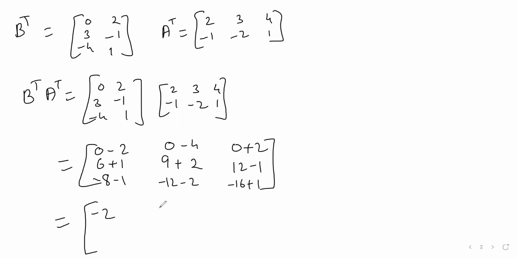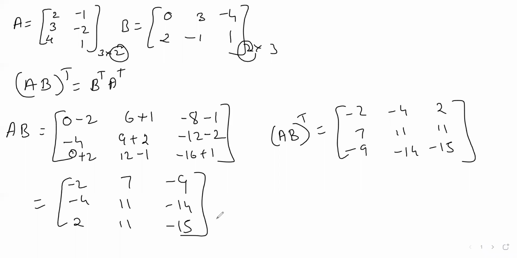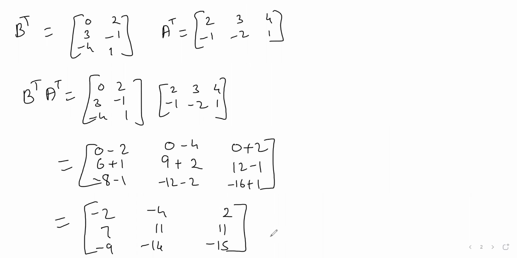This is minus 2, minus 4, 2, 7, 11, 11, and minus 9, minus 14, minus 15. Now see, B transpose into A transpose and (AB) transpose, both are the same.